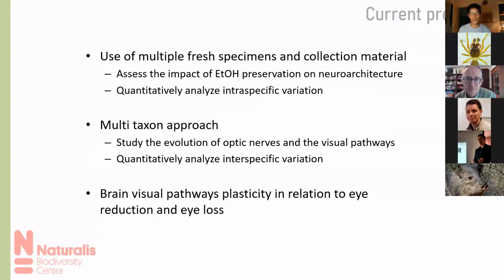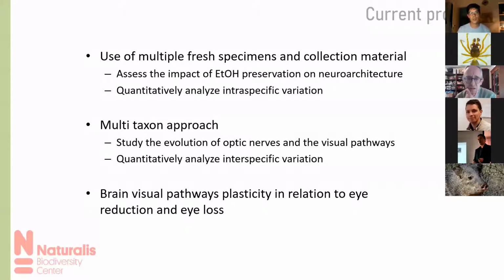And also we want to quantitatively analyze the intraspecific variation by reconstructing and comparing the volumes of the brains and the different neuropiles, and also by applying a 2D geometric morphometric approach.